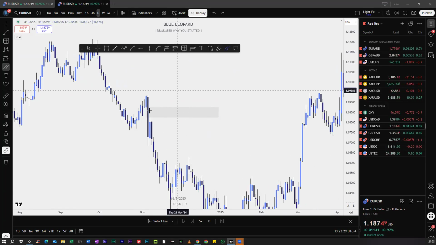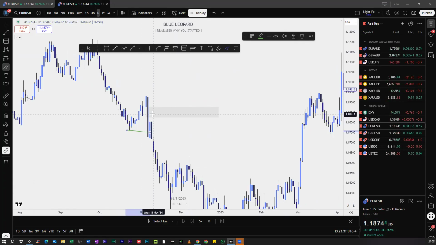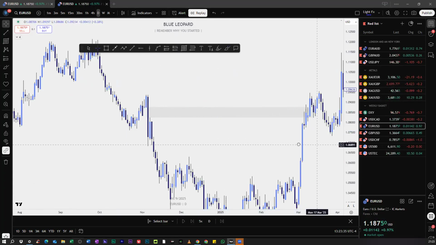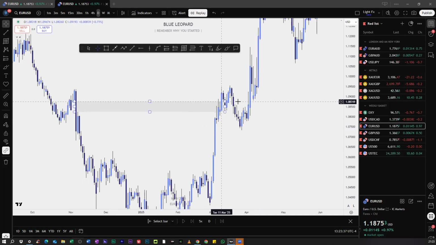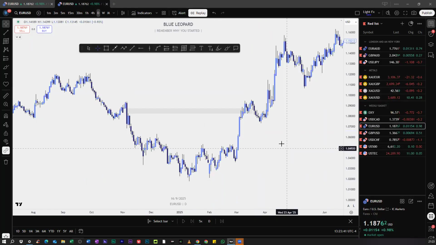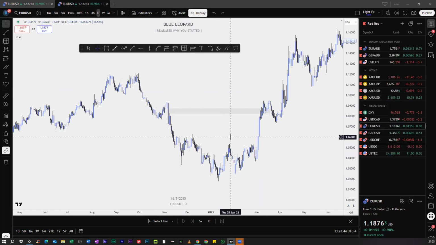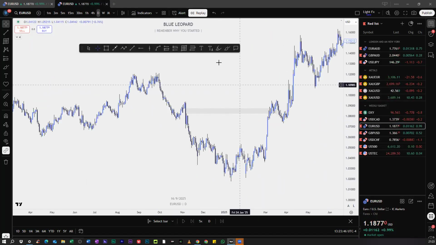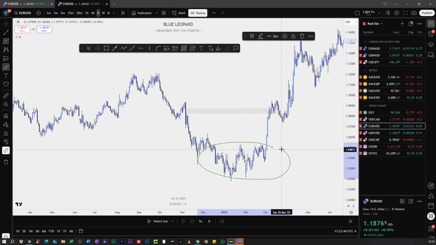If you don't go beyond the basic knowledge and you mark your level like this, and then price comes up and takes you out, you get upset and say, these order blocks don't work. Let me tell you something. This was liquidity. Why? Because we already changed direction here. These highs cannot be respected anymore.